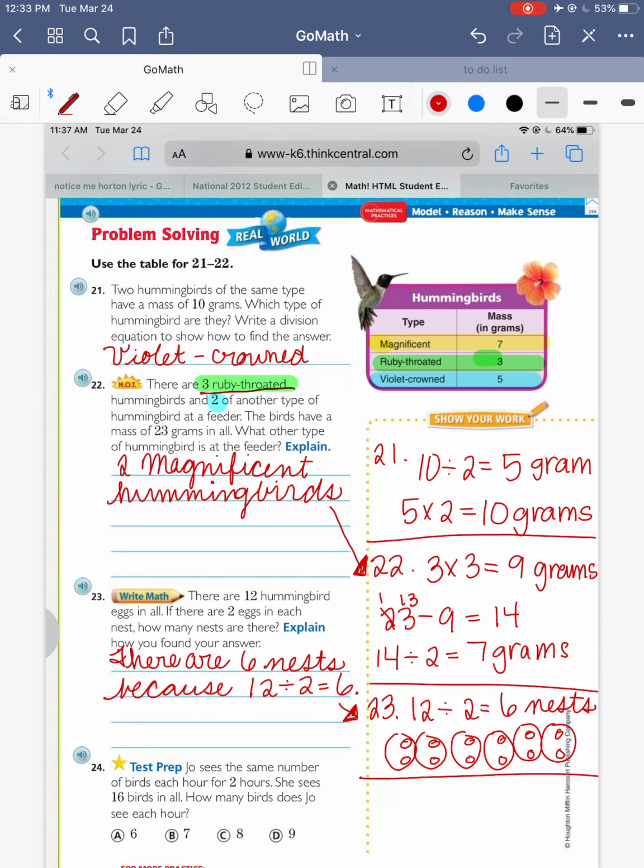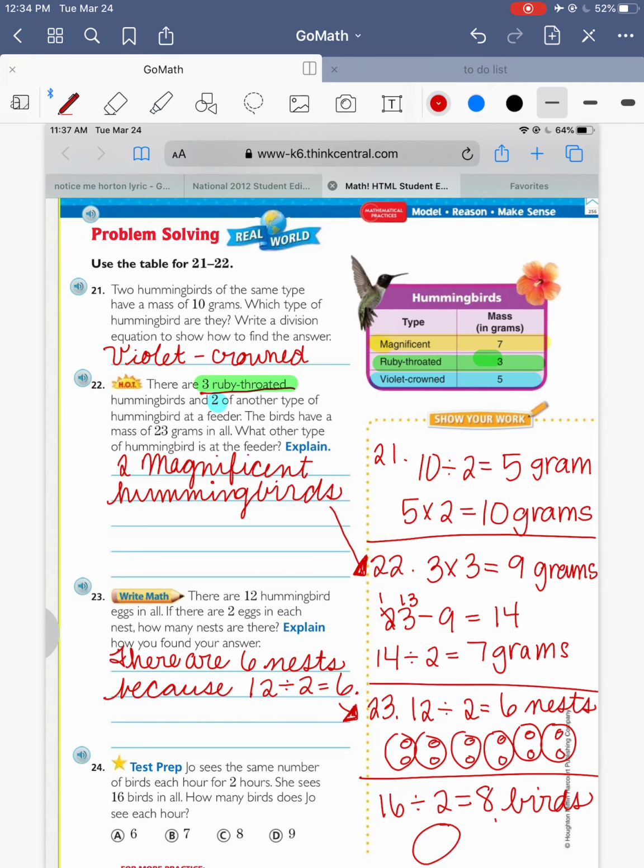All right, the last one of the day is 24. Joe sees the same number of birds each hour for 2 hours. She sees 16 birds in all. So how many birds does Joe see each hour? So 16 is the total, divided by how many hours? So 2 hours means that she saw 8 birds each hour.